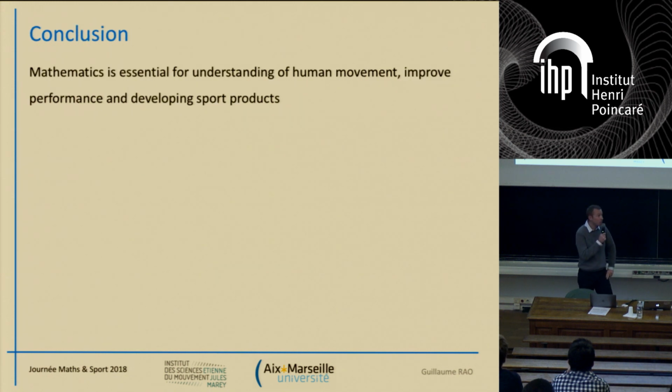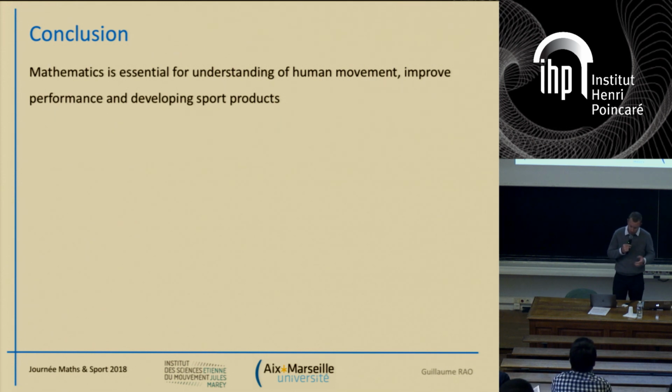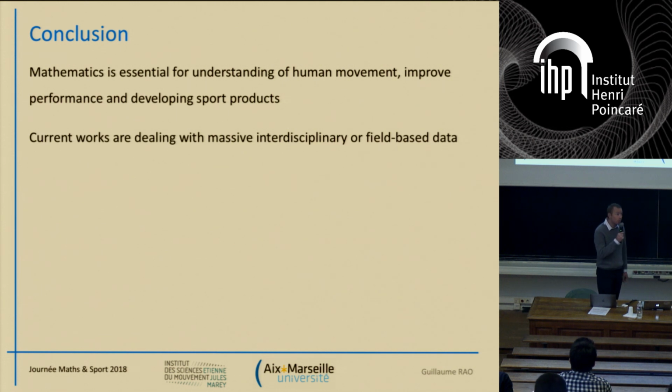So, as a conclusion, mathematics is essential for understanding human movement, for improving performance, and also to develop sport products. And currently, in the future, all the works, all the subjects that have been presented here are located really close to the labs.